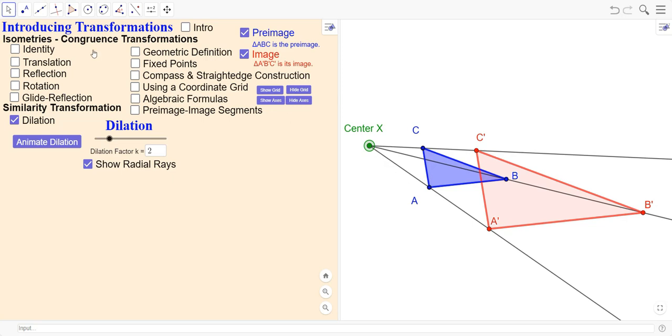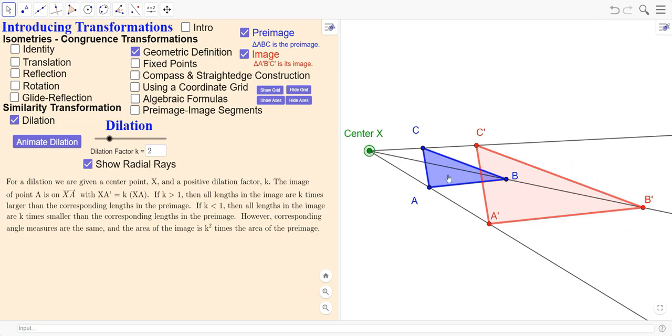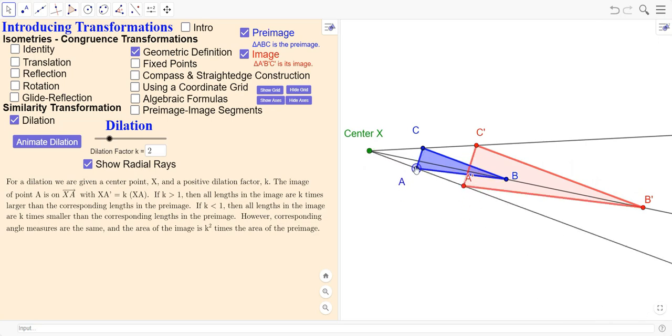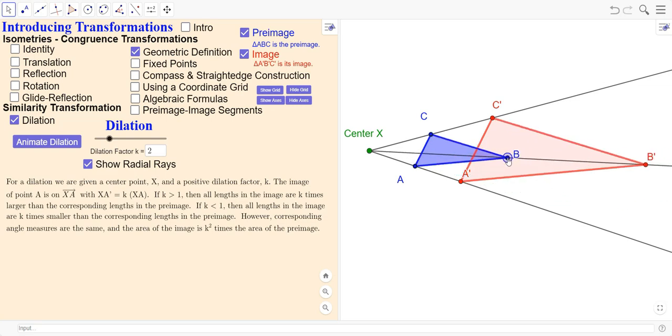So the way this thing is actually defined is you have your center point, you have your pre-images here. Okay, and to find the images, what you do is you make rays. So the rays are all centered at X. So we have these radial rays.